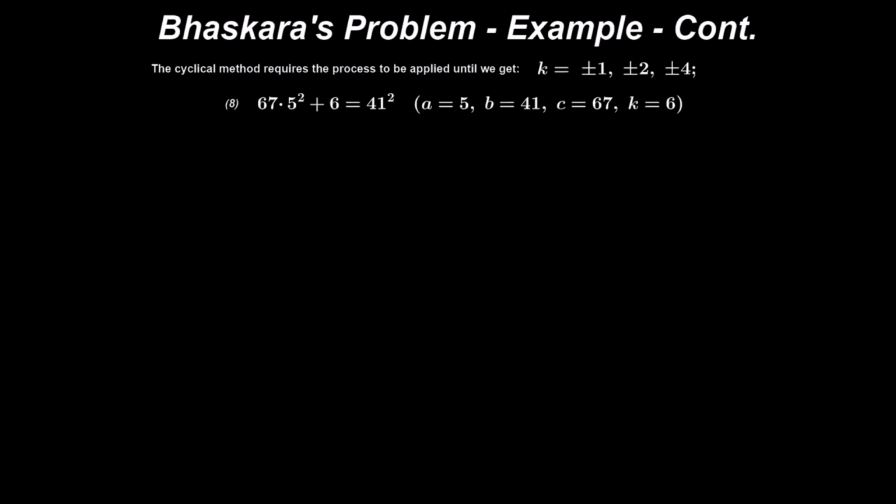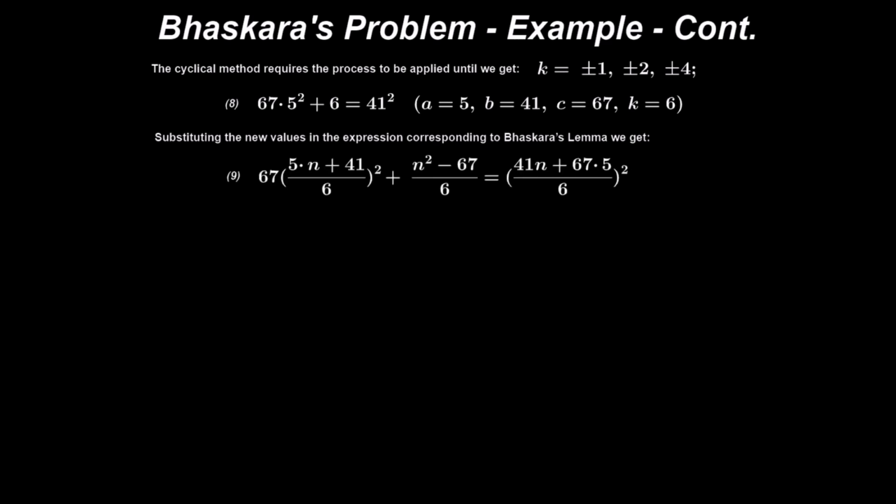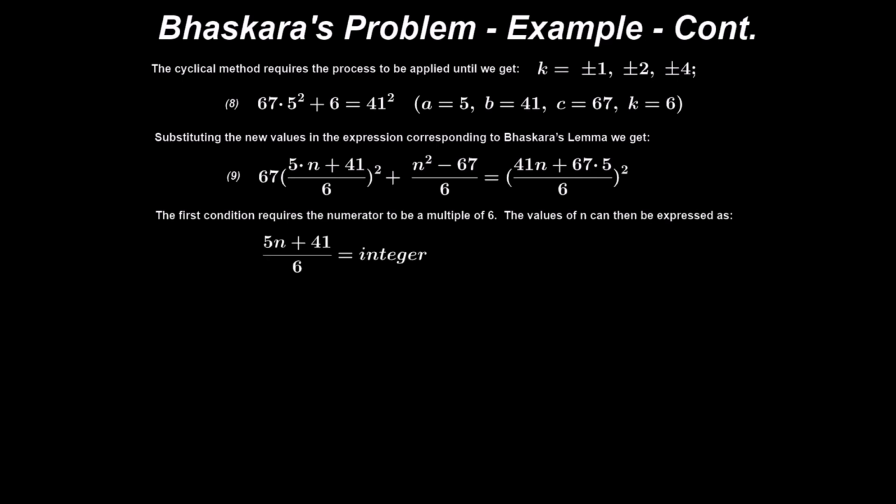The parameters corresponding to this derived equation are a equals 5, b equals 41, c equals 67, and k equals 6. Due to the fact that k is equal to 6, we need to apply Bhaskara's lemma again. Let's substitute the new parameters in the same expression.